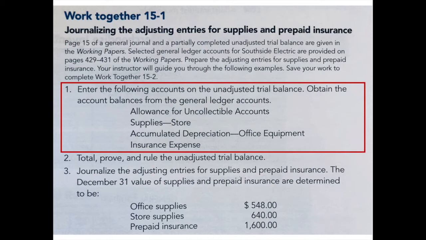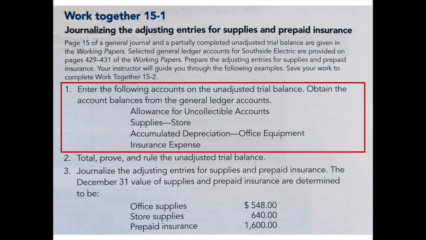So that is like one big long column of all the accounts that we have in our general ledger. Then on page 429 is the general journal where we are going to record the adjusting entries. You can see that it carried through an adjusting entry from last chapter. So we'll be using those pages right now.